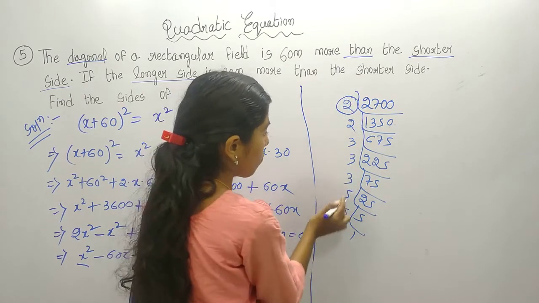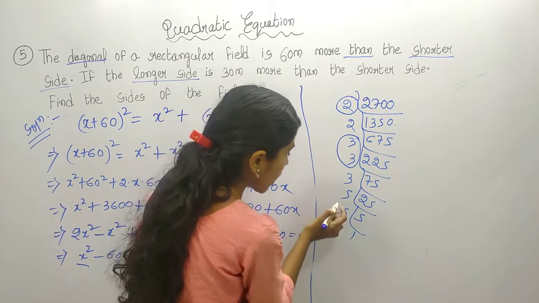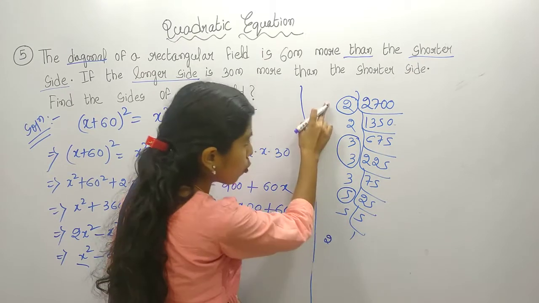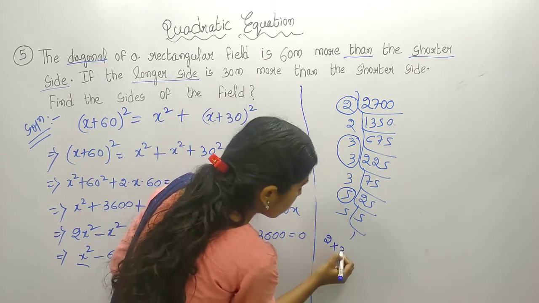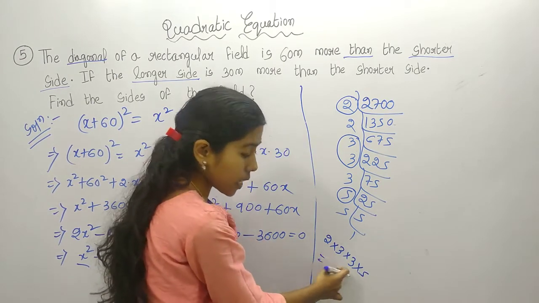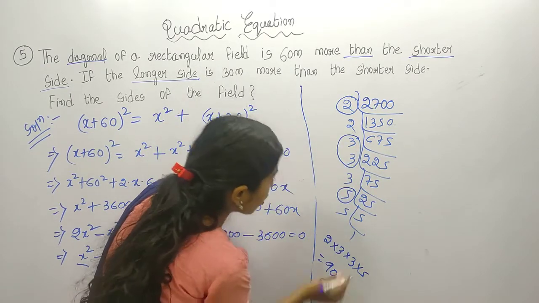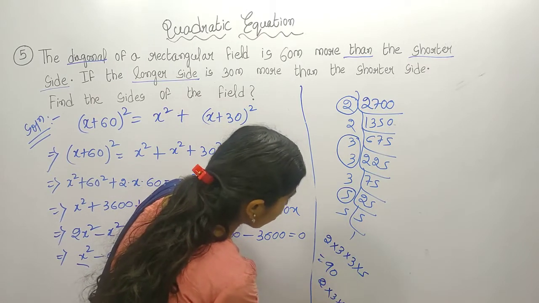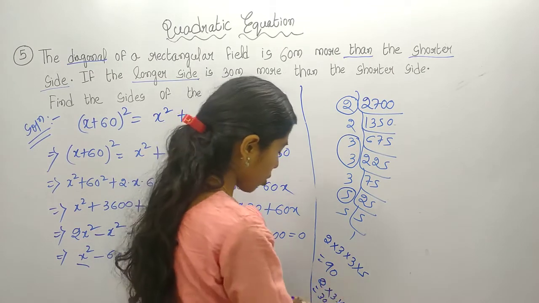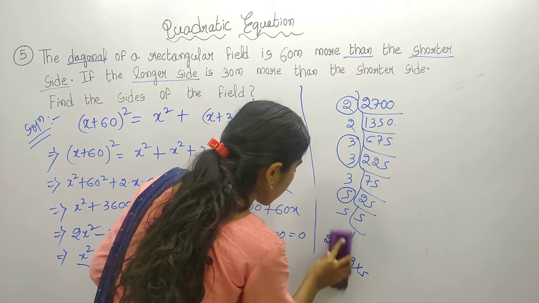Then here three 3s are there, so you take the highest, that means 2 threes. Here two 5s are there, so you take 1 five. Now multiply 2 into 3 into 3 into 5: 2 3 6, 6 3 18, 18 5 90. Rest are 2 into 3 into 5, so 2 into 3 is 6, 6 into 5 is 30. So one number is 90, another number is 30.